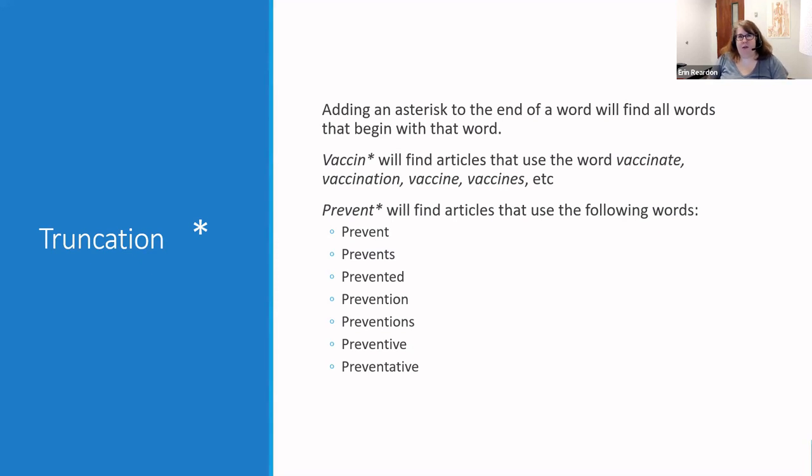This can be a little bit tricky sometimes because you might truncate a word and then get some unexpected search results. I was doing a search about stomas one time, and there you can say stoma, stomas, stomata, and I thought, I'm just going to make this easier on myself. I'm going to say stoma asterisk to capture all of that.